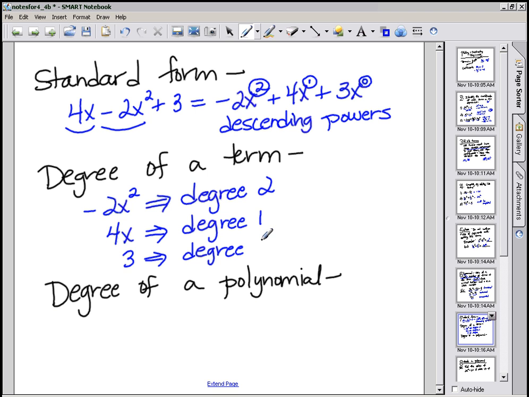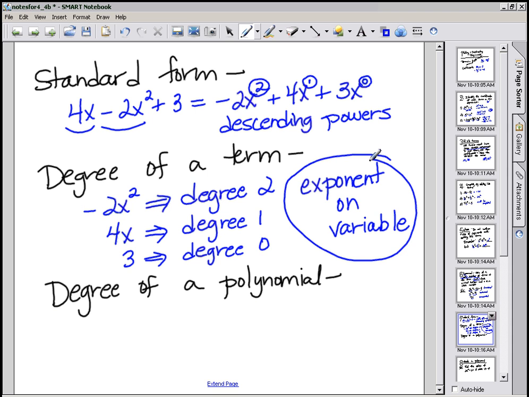Can you figure out what I'm doing? The degree of the term is nothing more than the exponent on the variable. Okay, that's what degree means.